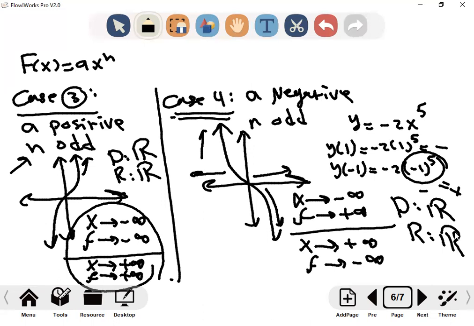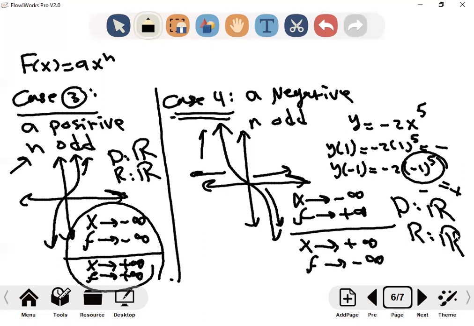The range is all real numbers. Where is the difference? If n is even. Open the cases in your book, page 213, below, in case number 1. See case number 1 in your book, guys. It's all written in your book. The leading coefficient here, we're talking about A. A is the leading coefficient, right?